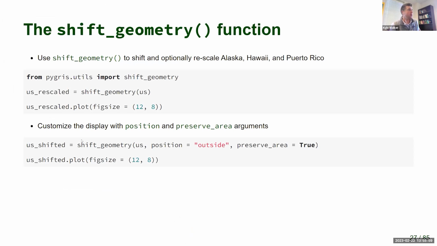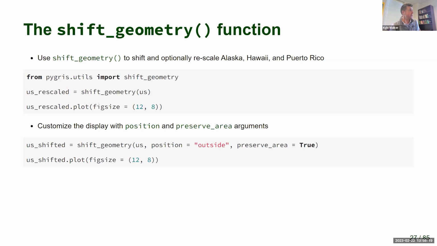So shift geometry lives in the utils module. You see some new syntax here. I'm importing the shift geometry function directly from the utils module, and that gives me access to shift geometry without a prefix.